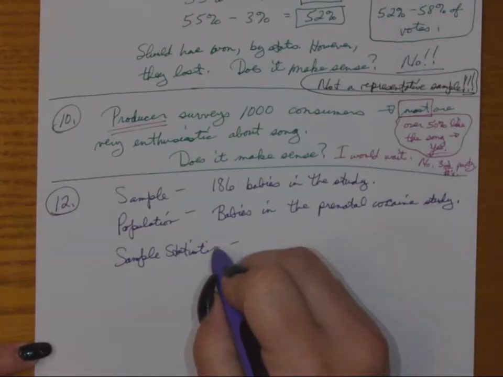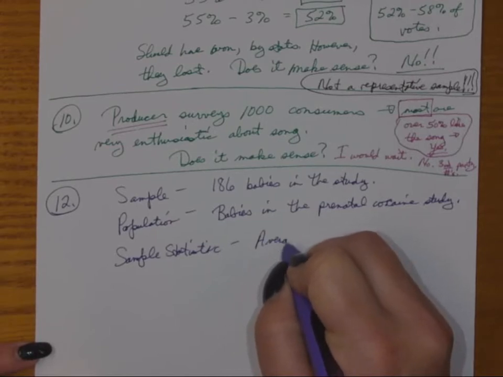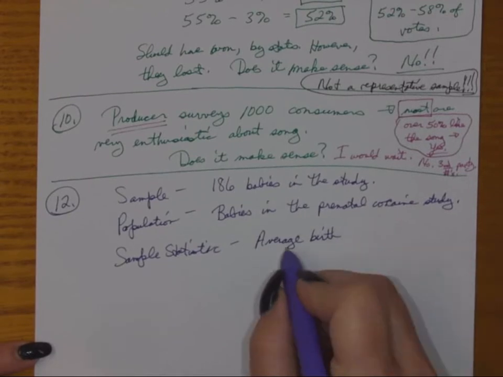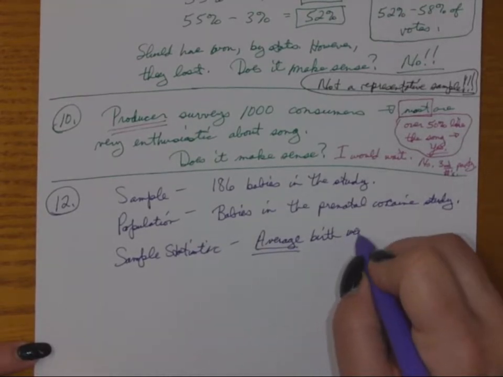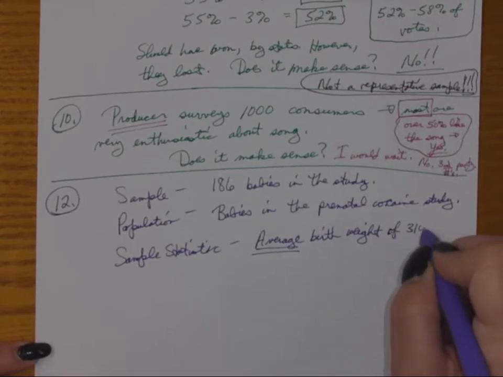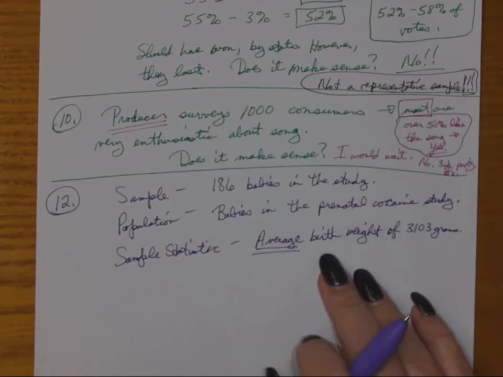So that would be the raw data, but average birth weight means we took that raw data and we averaged it, right? We found the mean. So the average birth weight was 3,103 grams. That's the statistic, okay?